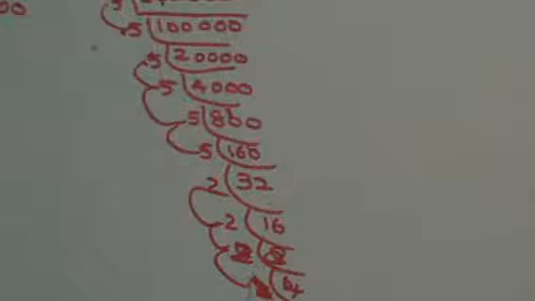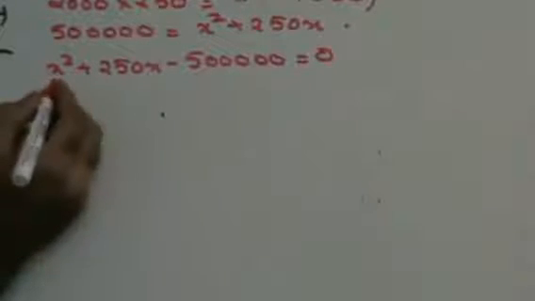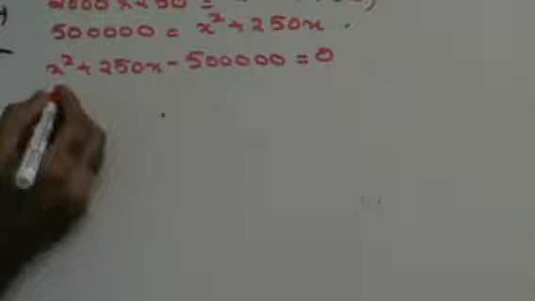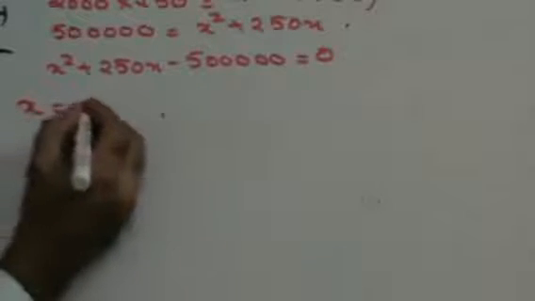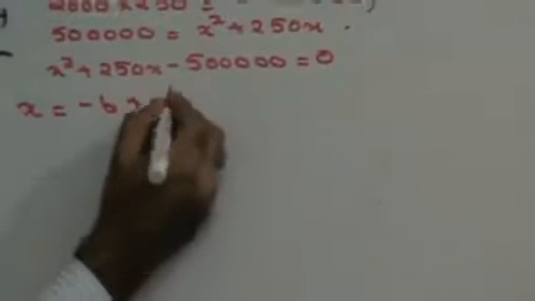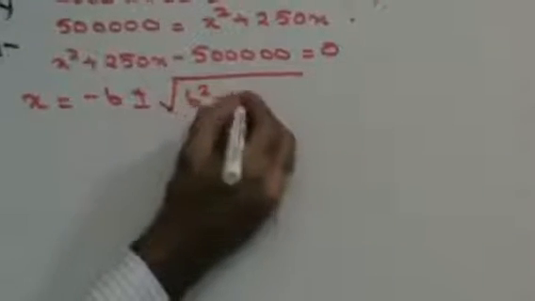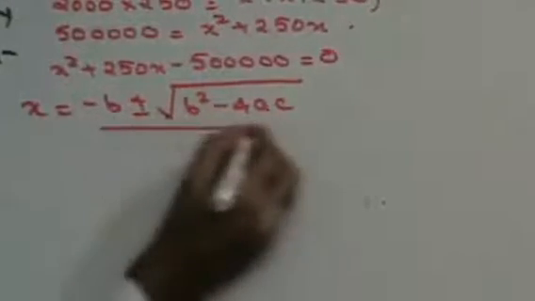x square plus 250x minus this much, right? We're going to get a decimal answer here. Now how would I do this? I'll have to do this using the formula x is equal to minus b plus minus root of b square minus 4ac upon 2a.